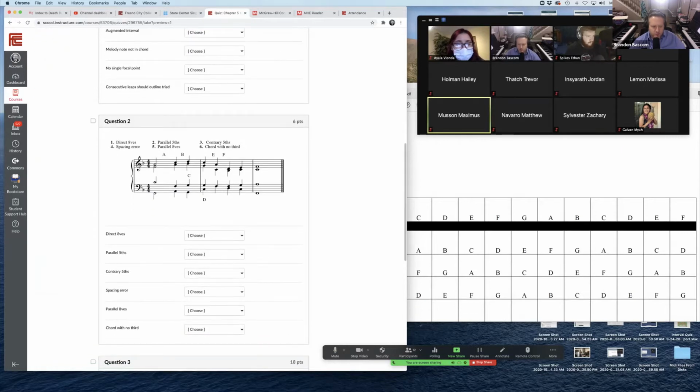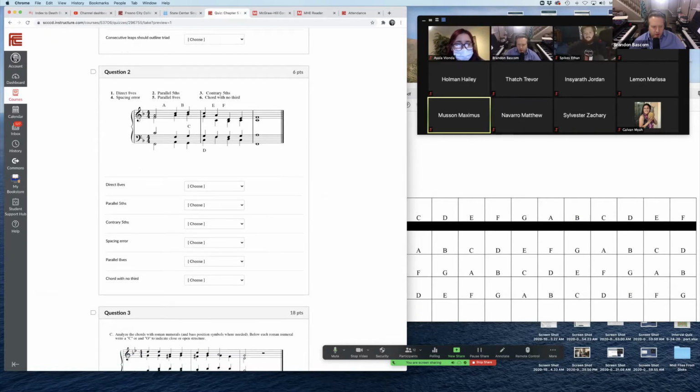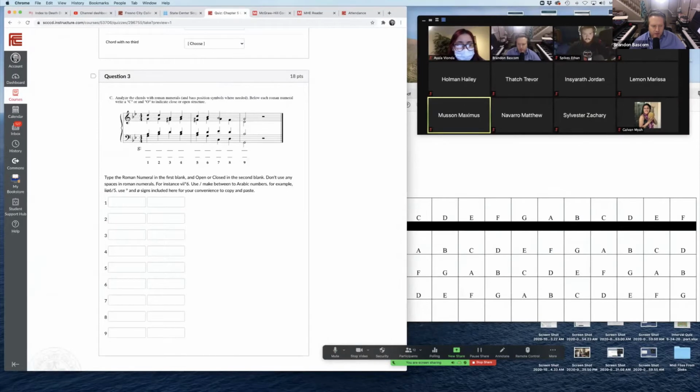Question 2. There are these part writing errors. What letter do those errors occur at? And you have to choose those letters. And then example C is you have to write in a Roman numeral analysis, and then you have to write either O or C.